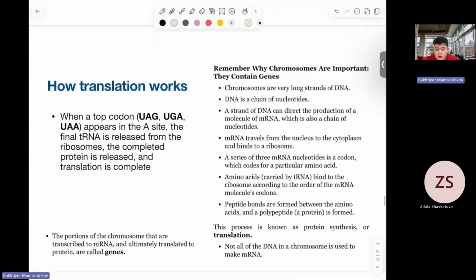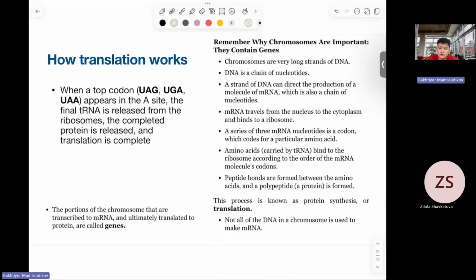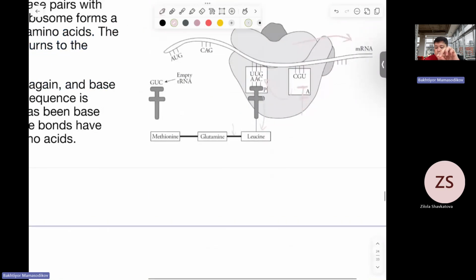So this is all we have to talk about for today's lecture. All the sentences here have been taught during the lectures. The ribosome forms the peptide bond between the amino acids in the P and A sites. Don't confuse it: what's making this peptide bond?